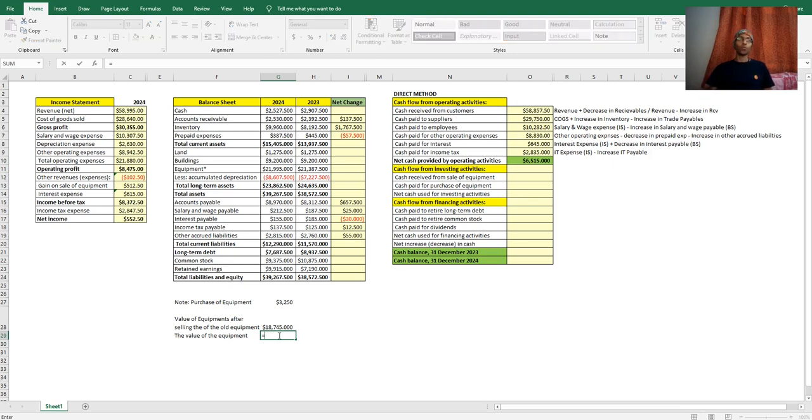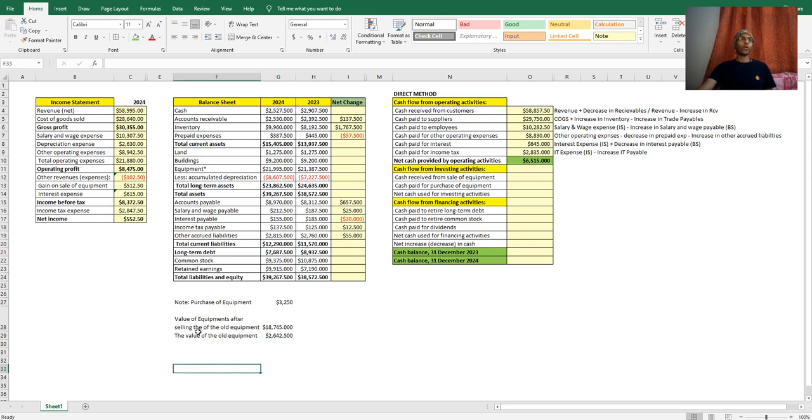So this is equal to 21387 minus this 2642.5. This is the value of the old equipment.